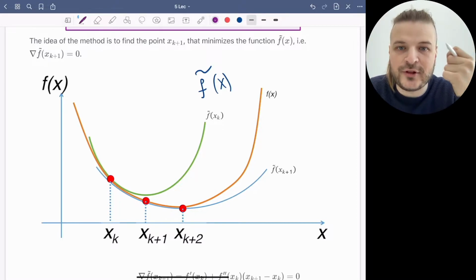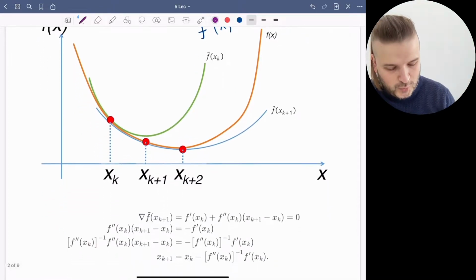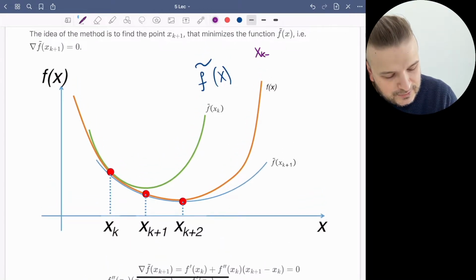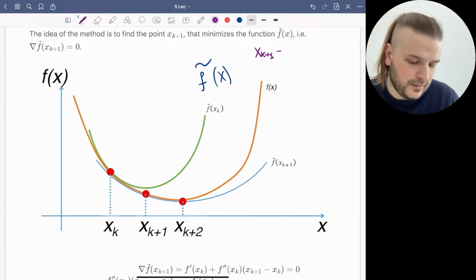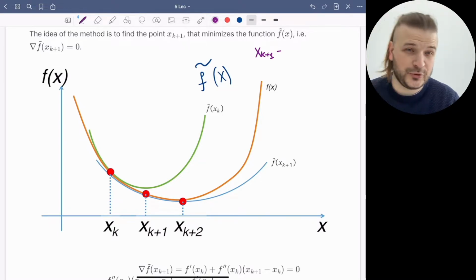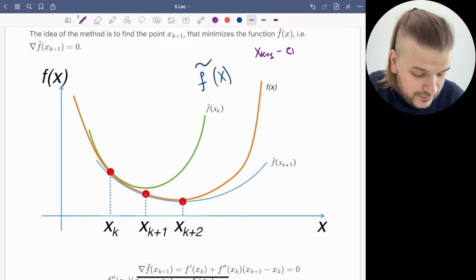Okay, what's interesting is if we have this second order approximation of our function, what will happen if we go to the minimum of this parabola? So we just state that xk plus 1 will be, I want to say the minimum, but it is fair to say that it will also be the critical point of our parabola.